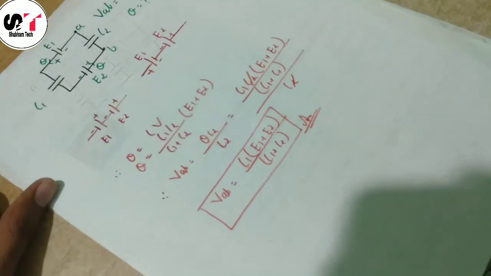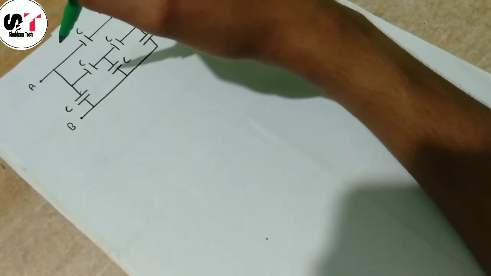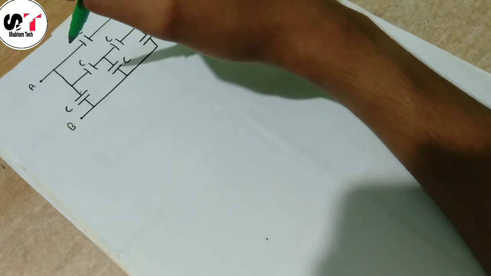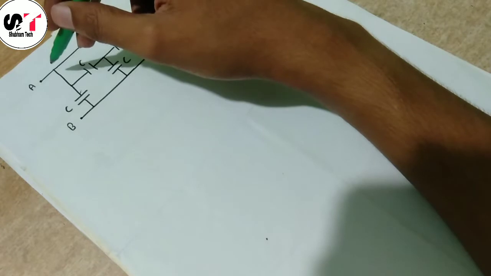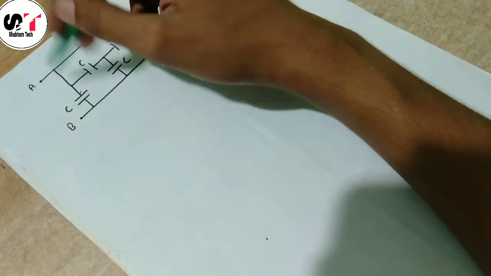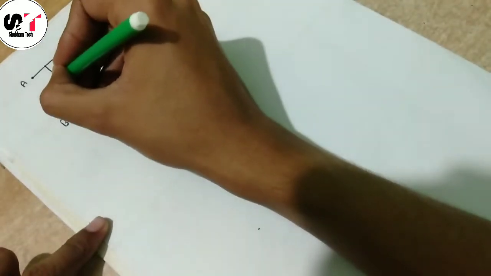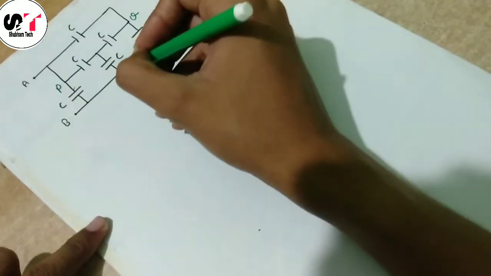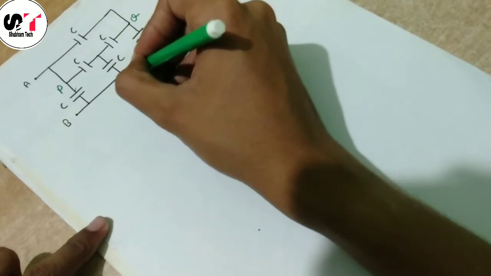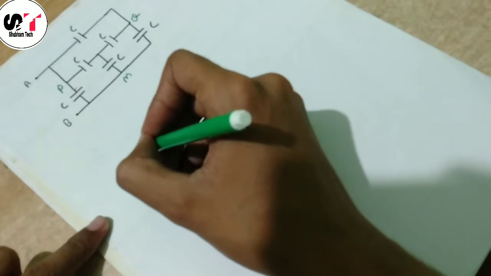Okay. Next question like this one. Six equal capacitors, each of capacitance C, are connected as shown in the figure. We have to find the equivalent capacitance across A and B. Let's say this point is P, this point is Q, and this point is M. Now let's rearrange the circuit.